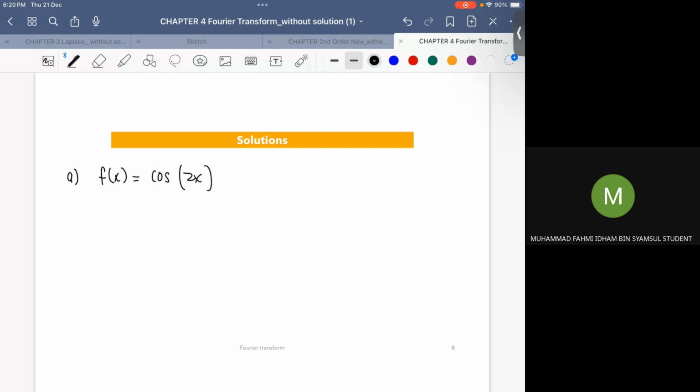How do we determine whether cos 2x is an even or odd function? You have two things you can try. The first method is using the formula f(negative x) equal to f(x), or f(negative x) equal to negative f(x). The second method is to draw the graph. For this example, we try to use the formula first.